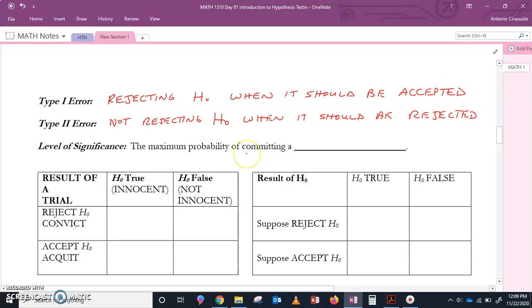Okay, now to show this, I've got a parallel example. So in case of the result of a trial, suppose our statement is true that the person in question is innocent, and yet they are convicted. In this case here, we've got an error that was made. Suppose they're not innocent, in other words, they're guilty and they are convicted, then this is correct.